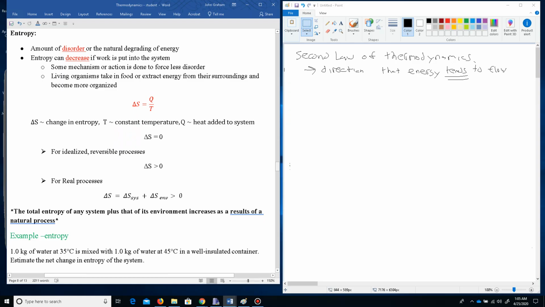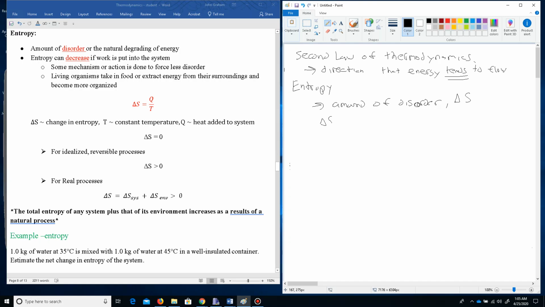Okay, so this brings in the idea of enthalpy. And this is the amount of disorder, or the natural degrading of the system. And we label this with a delta S, or the change in disorder, I should say. And if no work is put into the system, the amount of disorder is always going to increase.